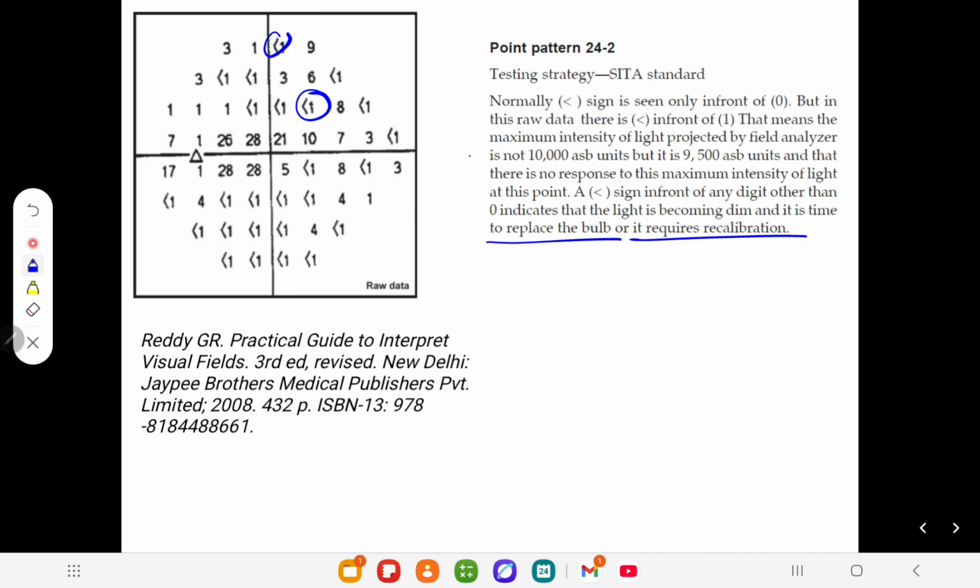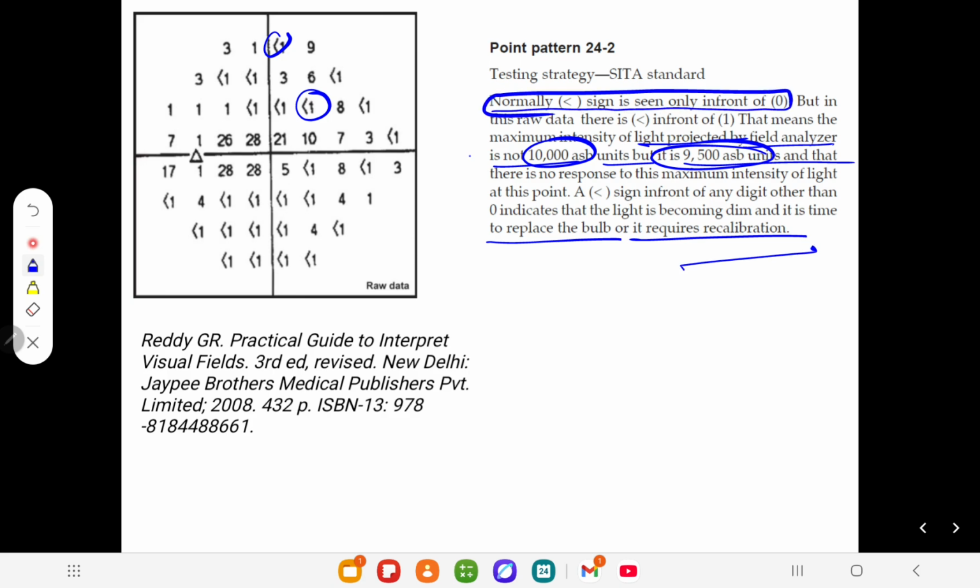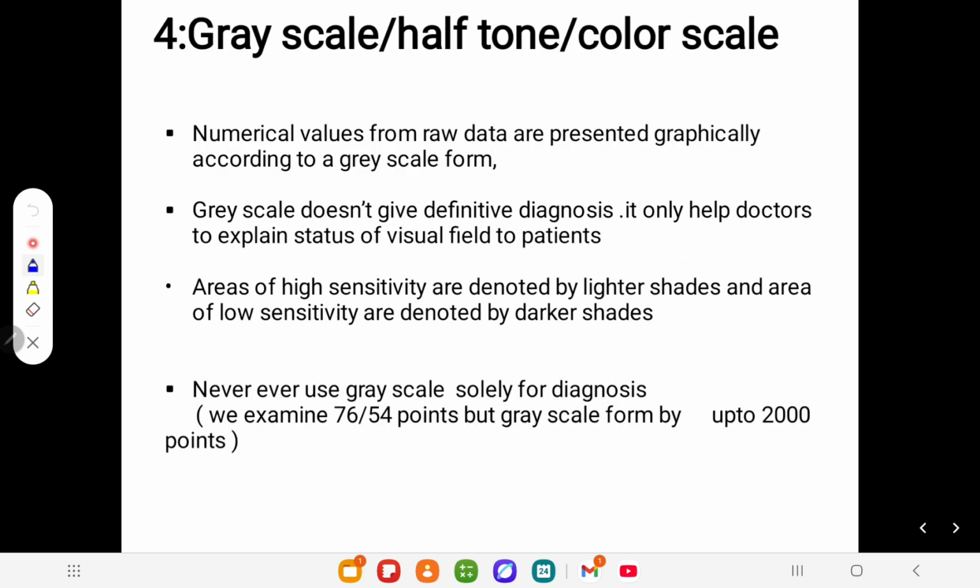It means the bulb is not doing full work, that the field analyzer is not projecting the full 10,000 units of light but 9500 units. So that's how you come to know. Normally this sign is seen only in front of 0. Whenever you see something like this in a report, discuss it with your team. So that's it all about raw data.